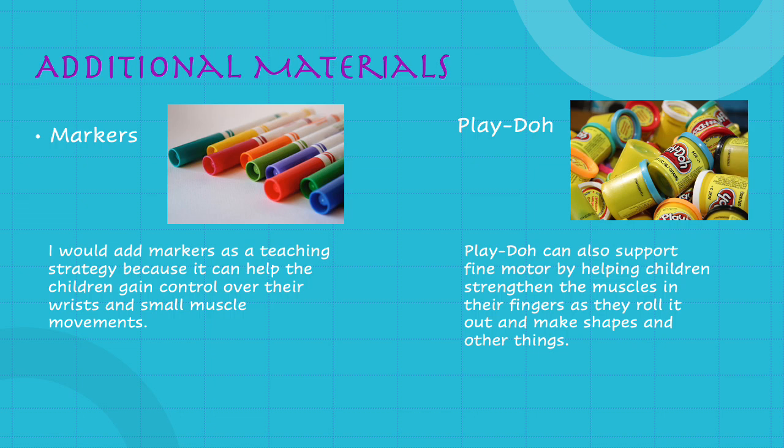Some other materials that can help with fine motor development would be markers and Play-Doh. Markers can help the children gain control over their wrists and small muscle movements. Play-Doh can help support the children by strengthening the muscles in their fingers as they combine rolling the dough out with making shapes and other items out of it.